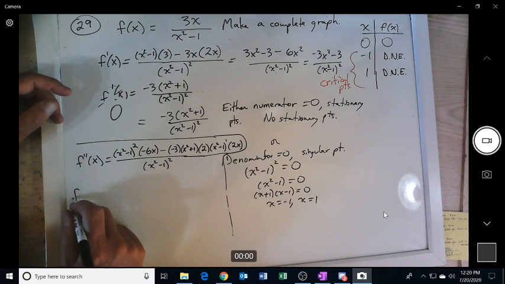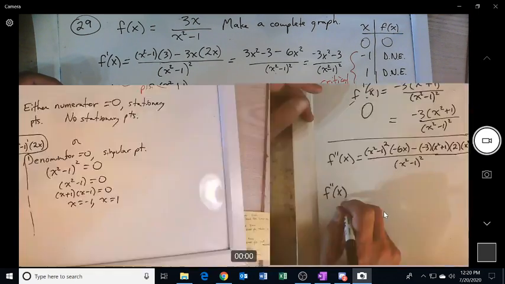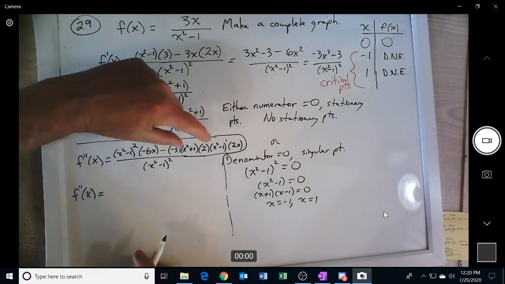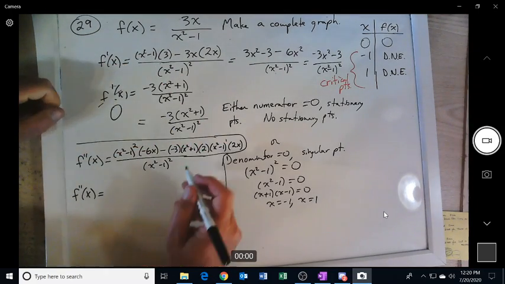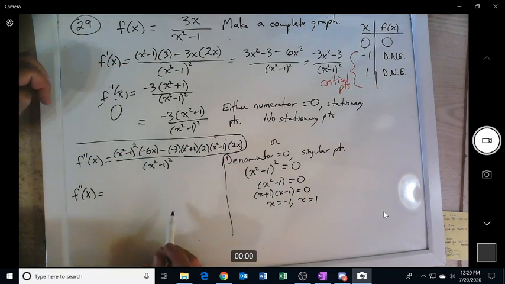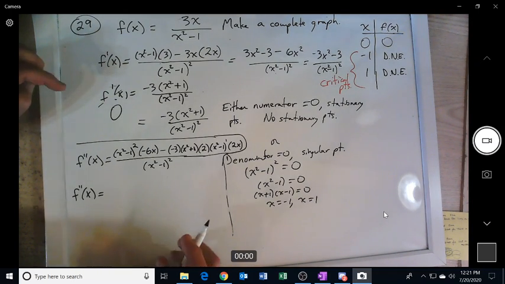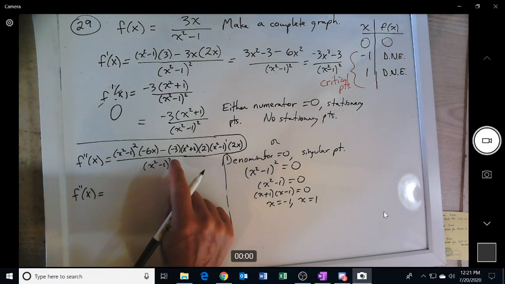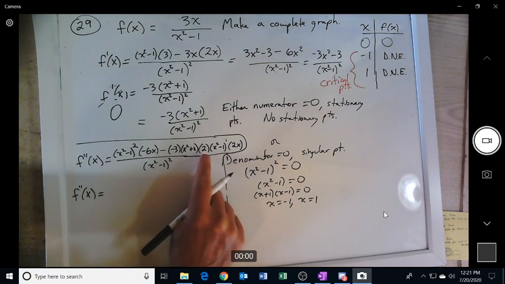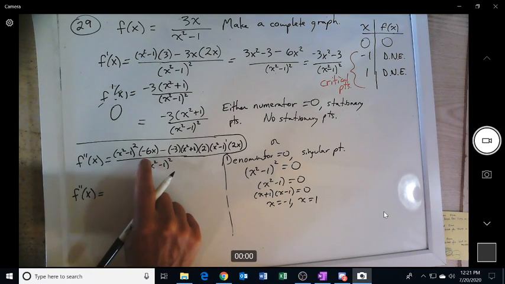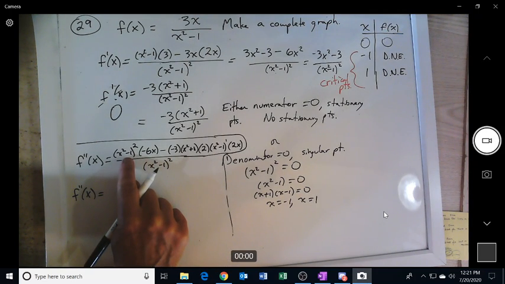Okay, so f double prime of x. Now, notice the numerator has 2 terms. Hold on a second. I think I'm going to have to multiply this out.